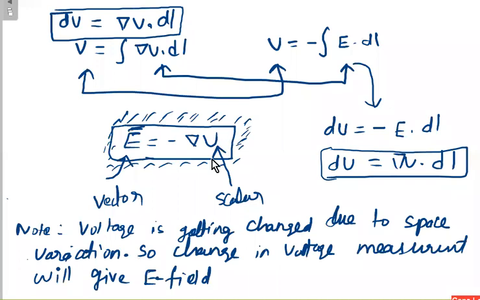dV by dx means, what is the change in voltage with respect to space variation? That will give you the electric field. Here, what is V? V is a potential function, a scalar potential function. That too scalar, not vector.